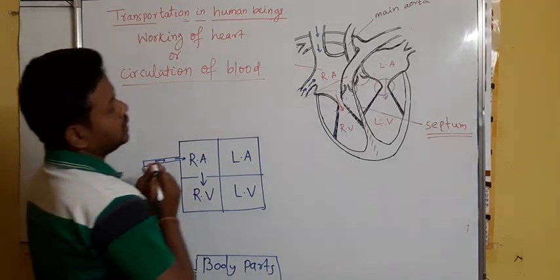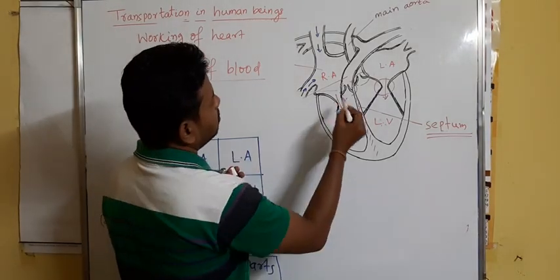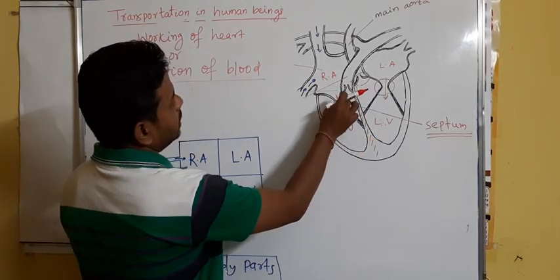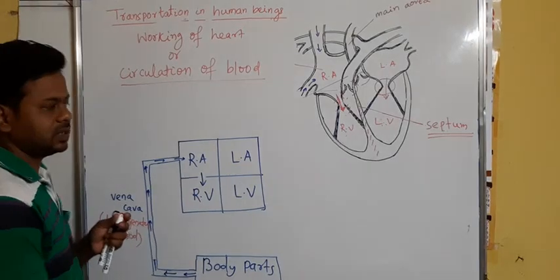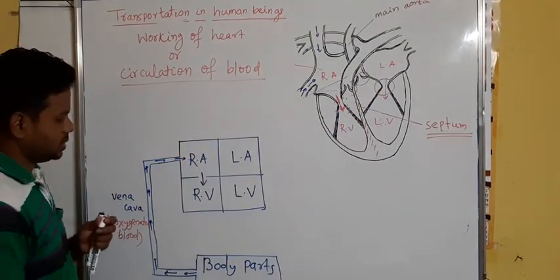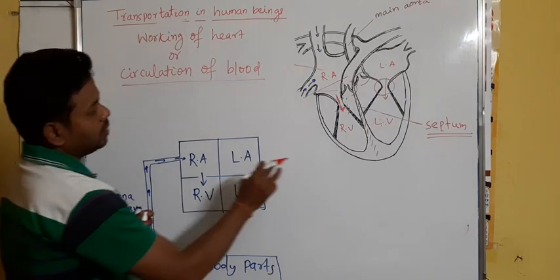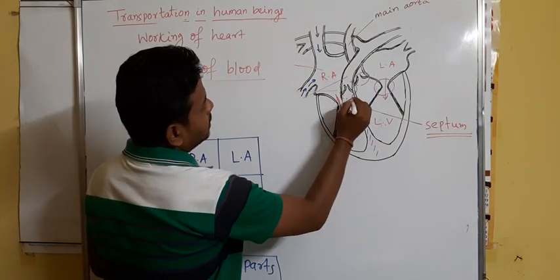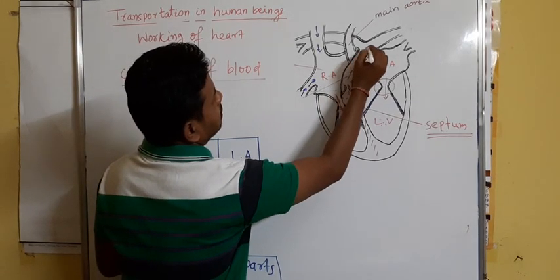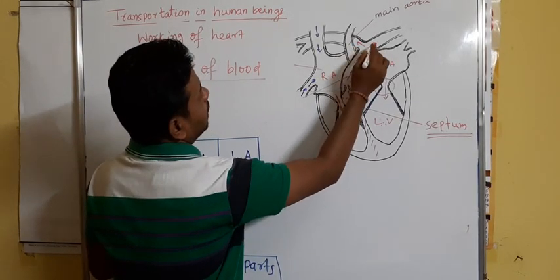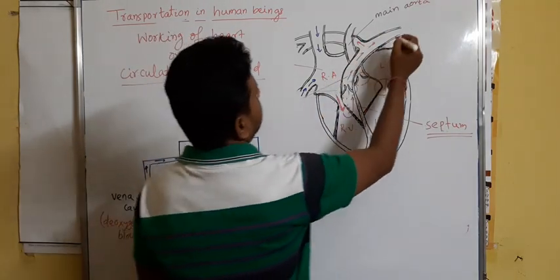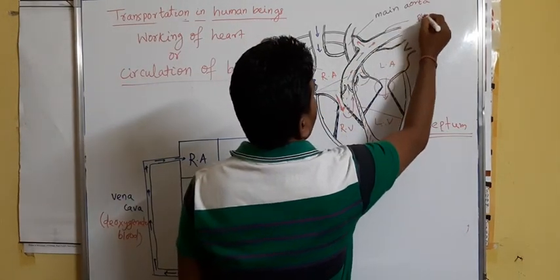So here you can see, from right auricle, the blood will move to right ventricle, and there is a valve present which is known as bicuspid valve. Already we have discussed. So from right ventricle now, the blood will move through this, and this is known, as I told, pulmonary artery.